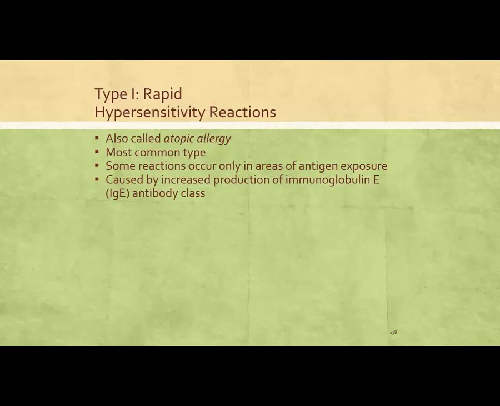And when the IgE responds to the allergen on the mast cell, it causes release of chemical mediators. So those chemical mediators are going to be your histamine, bradykinin, serotonin, those such things.